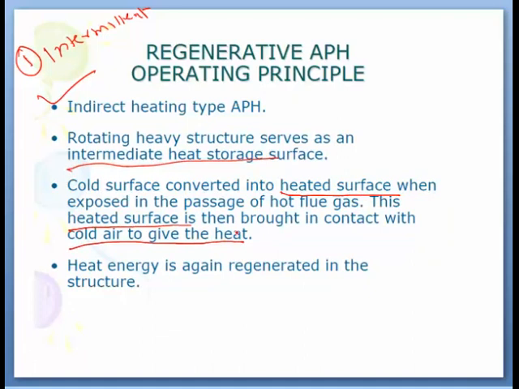So this is the intermittent operation and indirect type of heating, where this hot flue gas is not directly transferring its heat to the cold fluid, but through some intermediate storage media.